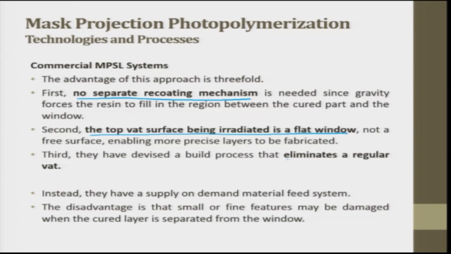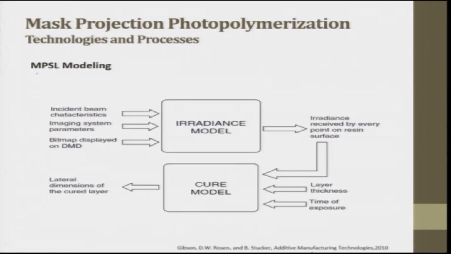The third one is eliminating a regular vat, so instead of a heavy supply and demand material feed system, this can be used. The main disadvantage is that small and fine features may be damaged when the cured layer is separated from the window.